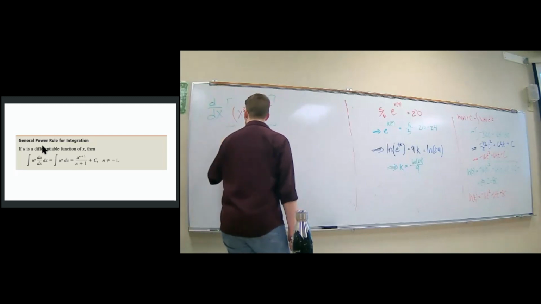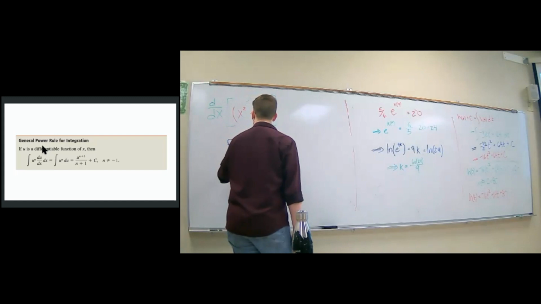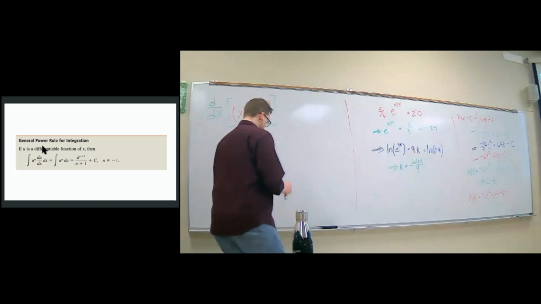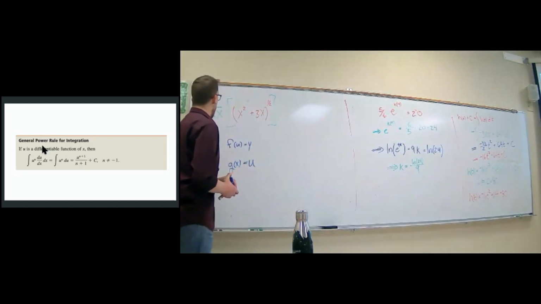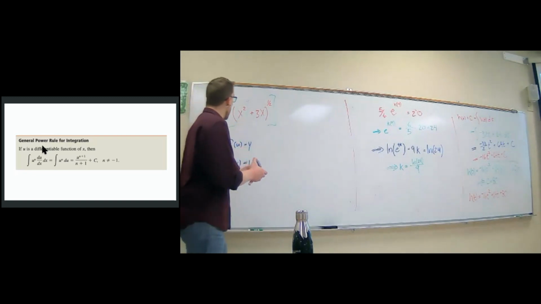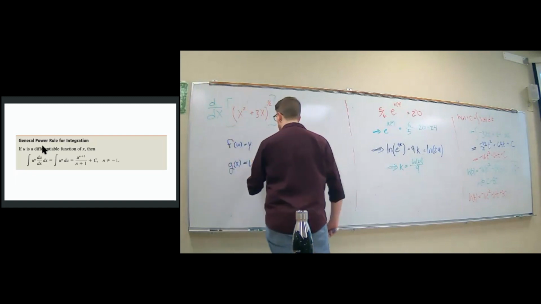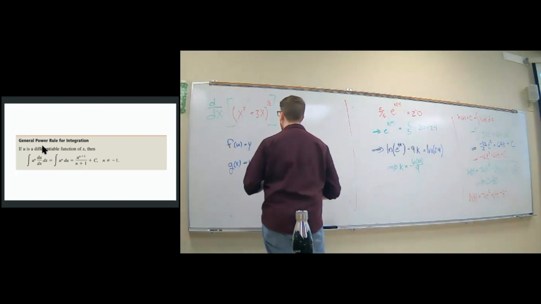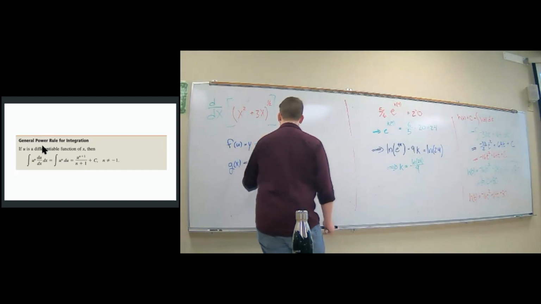So we're going to have an f of u equal to y, and a g of x equal to u. In our case, the interior function here is going to be x squared plus 3x, and the exterior function is just going to be u to the 1/2 power.